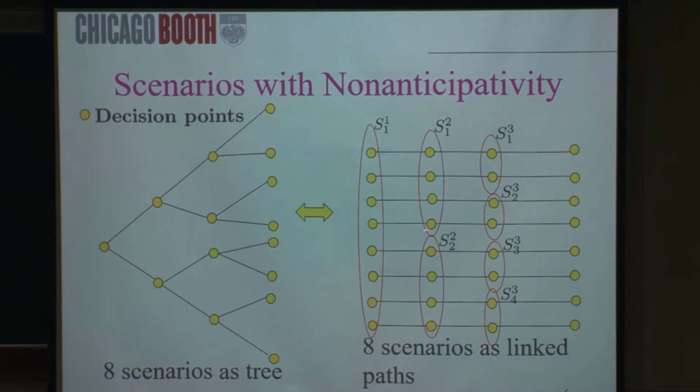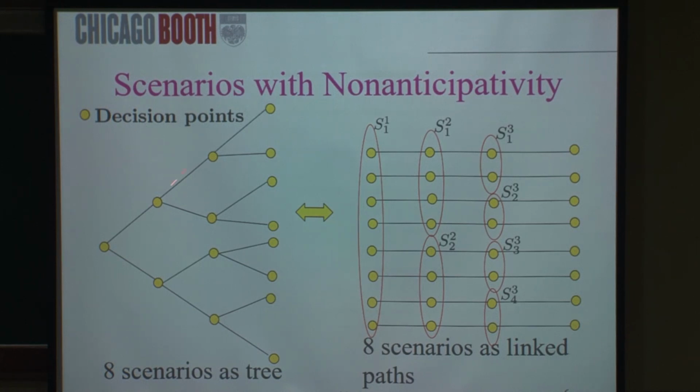At time period 2, there are 2 sets, so all 4 of these paths have to have the same decision at this point, and all 4 of these paths have to have the same decision at this point. And then at time period 3, all of these pairs have to have the same decision. And then each of them can be different in the very last period.